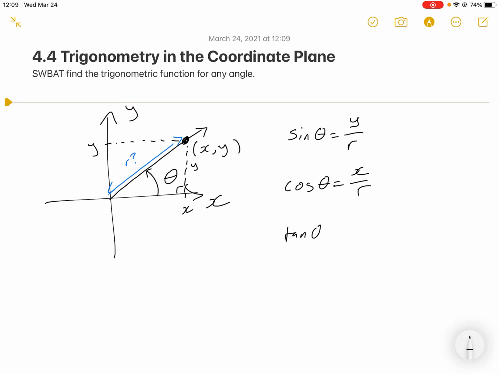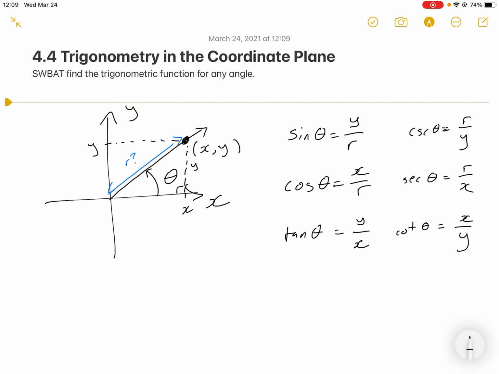Cosine will be x over r. Tangent of theta actually doesn't change. It's y over x. And then we have the reciprocal functions as well, and we just take the reciprocal of each of those. Then cotangent of theta equals x over y. That's really all that changes.